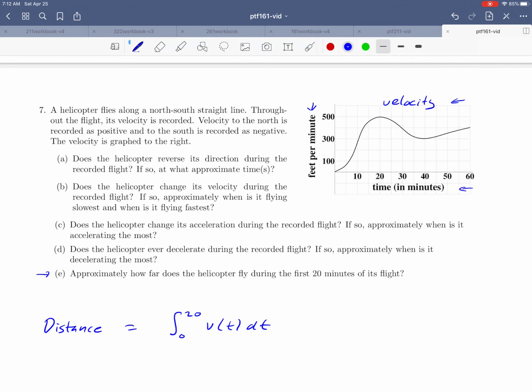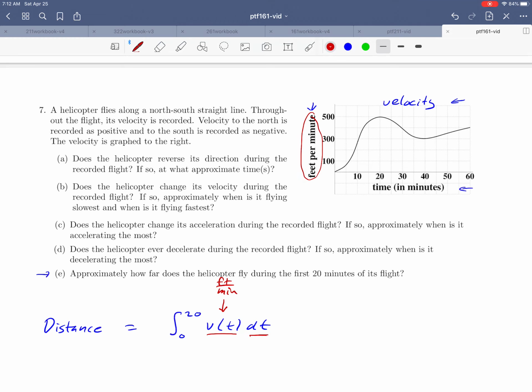Well, let's think about units. When you calculate an integral graphically, what you're doing is calculating an area of some sort. You can think of this v of t as the height of a rectangle, and the dt as the width of a rectangle. What are the units of those two measurements? Velocity, we can see from our function up here, is measured in feet per minute.